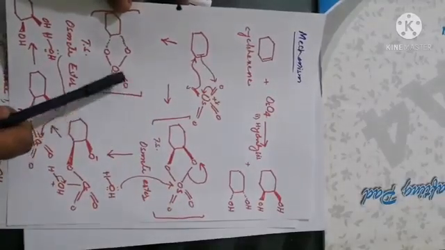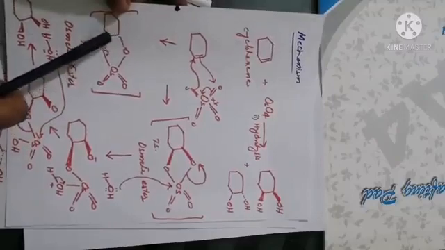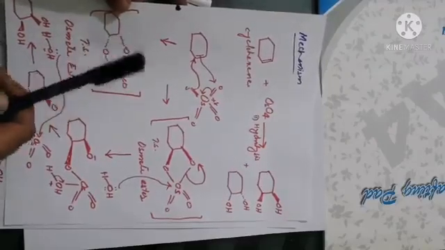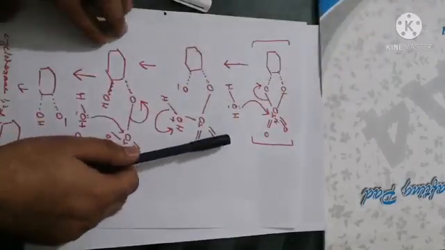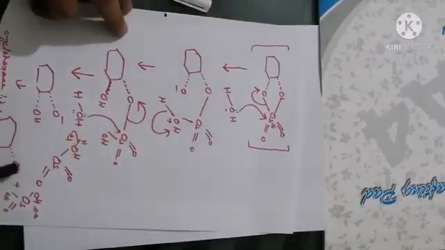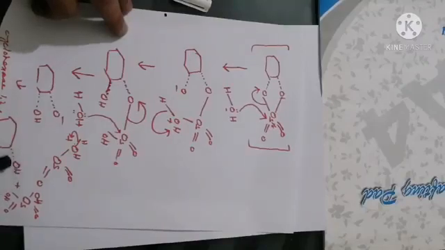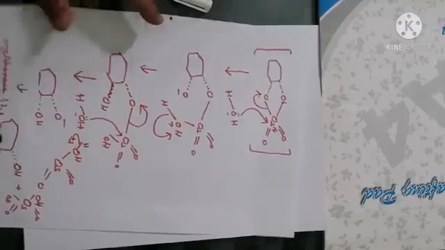And if osmium tetroxide attacks from the lower phase, then we will get a transition state like this, and finally upon hydrolysis we will get these diols where the two hydroxyl groups are on the rear side of this ring.